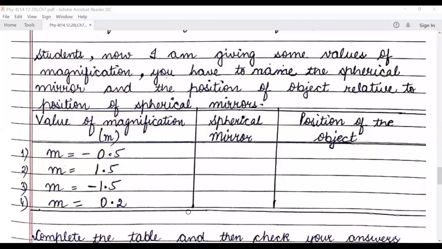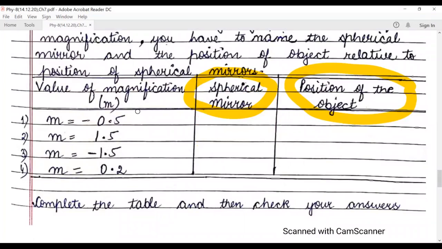Yes, students. Now in this part, I'm giving you some values of magnification. You have to name the spherical mirror and the position of the object relative to the position of the spherical mirror. So in this table, you can see the values of magnification given as -0.5, 1.5, -1.5 and 0.2.